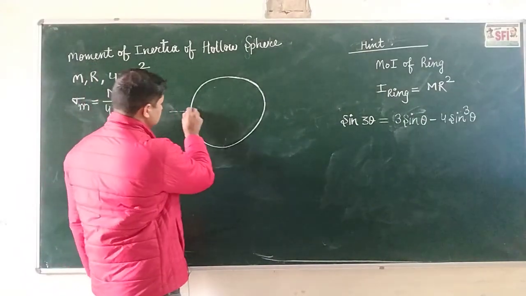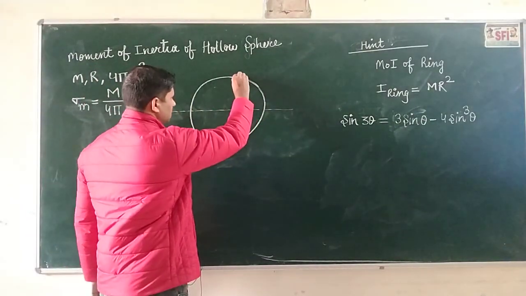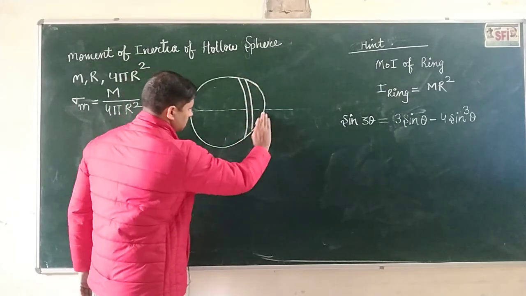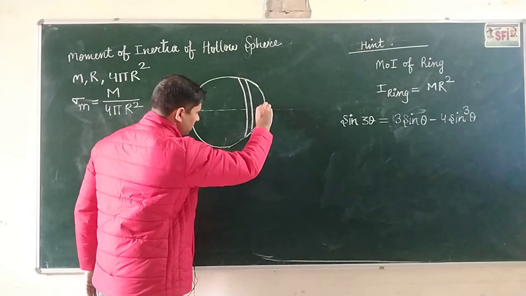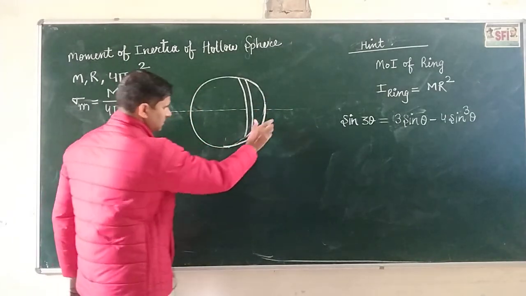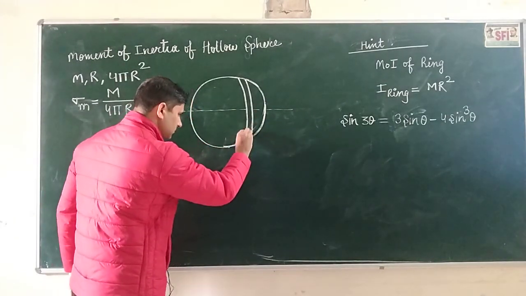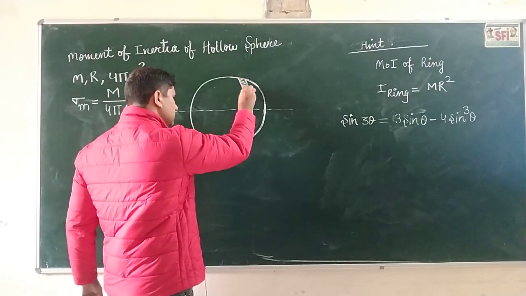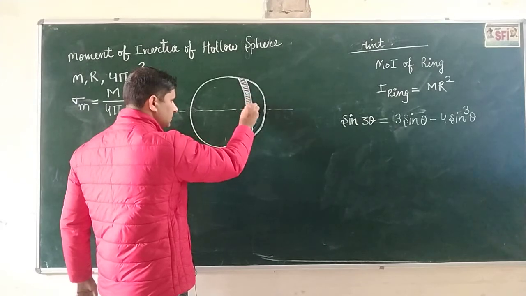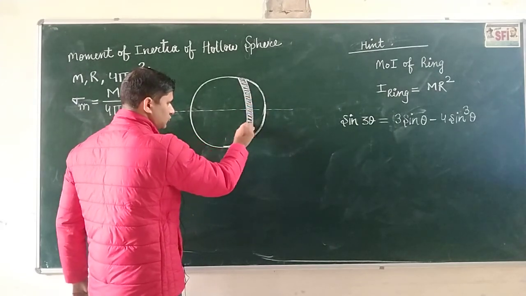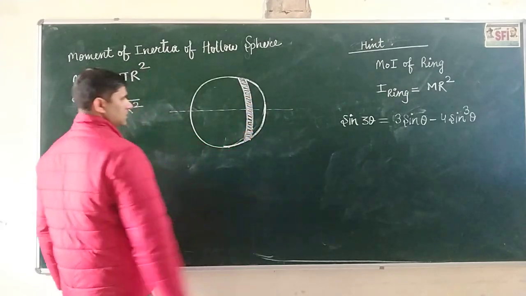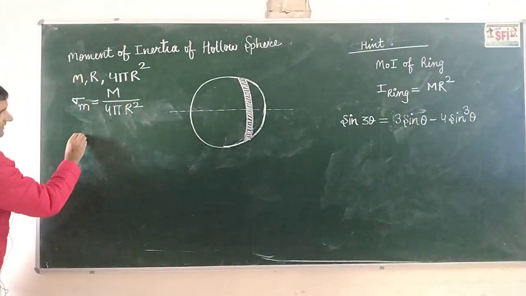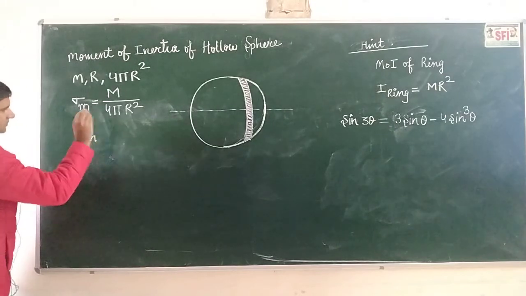We will divide this sphere into elementary rings. So let me divide it into elementary rings. Okay. And we will find the mass of this elementary ring. Mass of this elementary ring will be equal to dm. Okay.